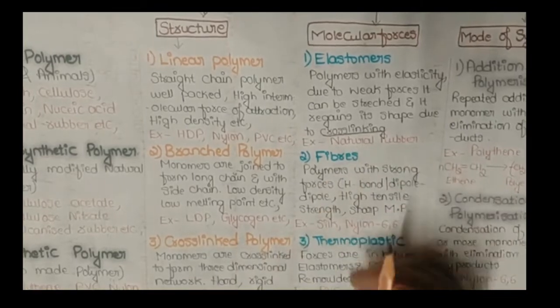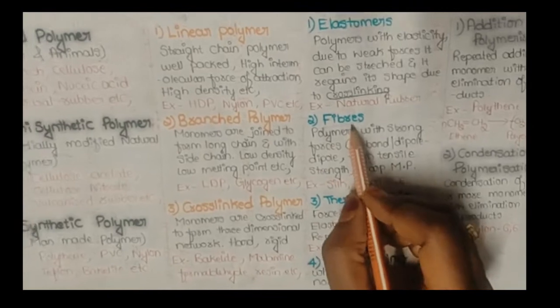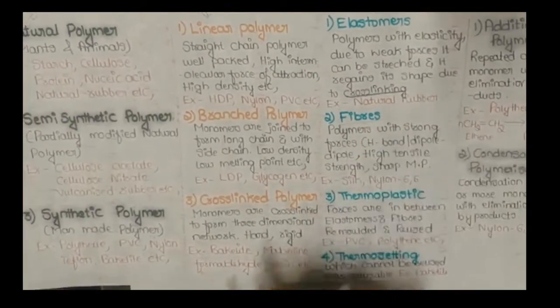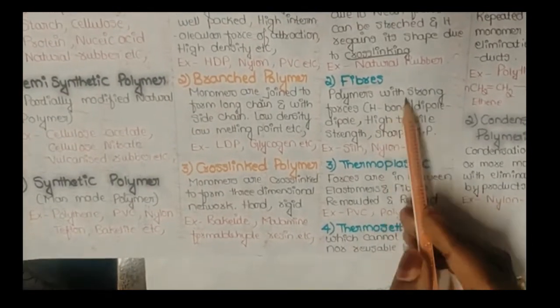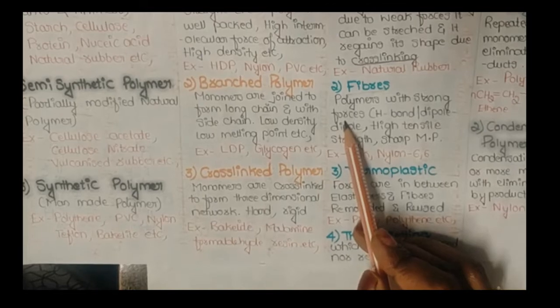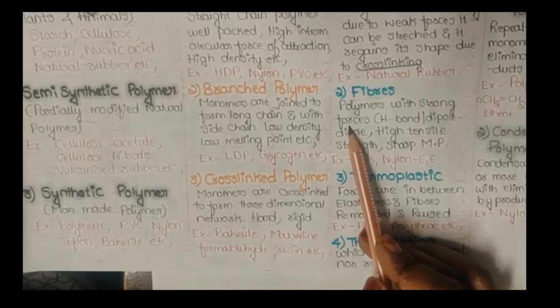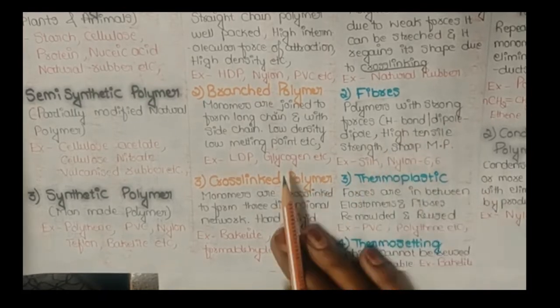Okay, so the next one is fibers. Fibers are those polymers which have very high intermolecular force of attraction. So what type of force of attraction exists? Of course, they have hydrogen bonds, they have dipole-dipole interaction.